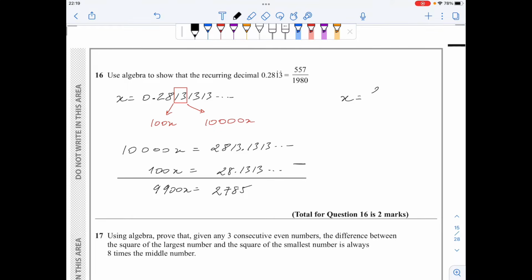So x is 2,785 over 9,900, and this simplifies to 557 over 1980 as required.